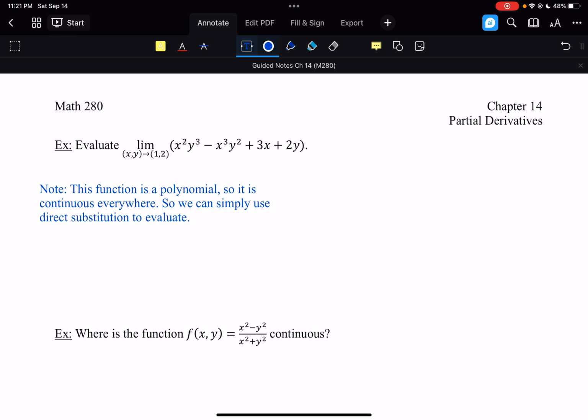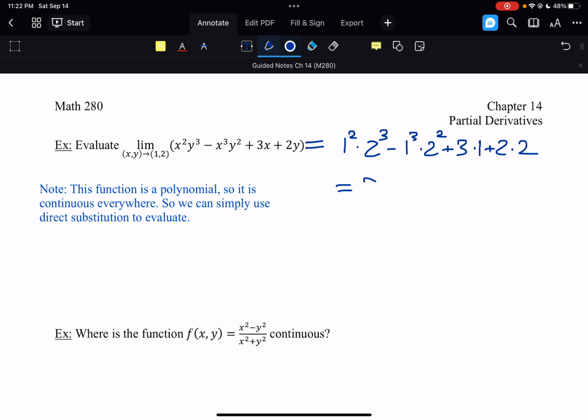So this function is a polynomial, so it is continuous everywhere, so we can use direct substitution to evaluate, meaning we don't have to use that delta epsilon definition anymore. We can simply plug in the 1, 2, just substitute in those values for x and y, and we're going to get 1 squared times 2 cubed minus 1 cubed times 2 squared plus 3 times 1 plus 2 times 2.